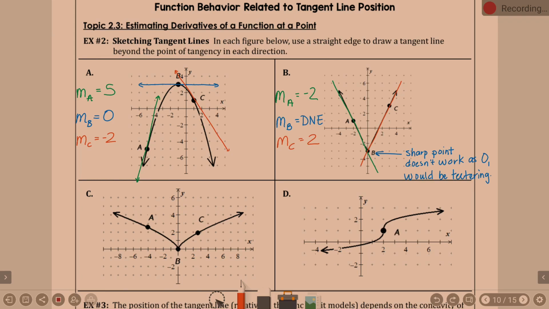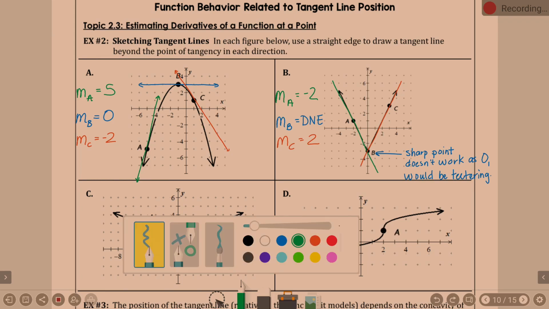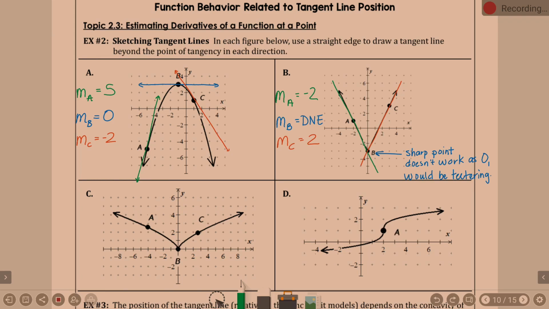Okay. Ready for part C? And this is where I hesitate to say, a tangent line touches a curve at one point. Well, in that area, I guess. But okay, what's going on with A?